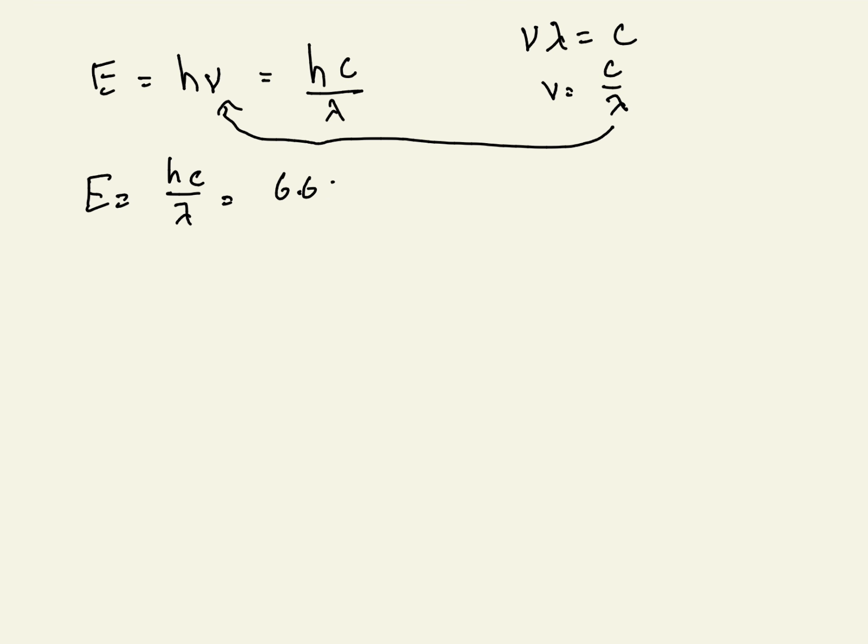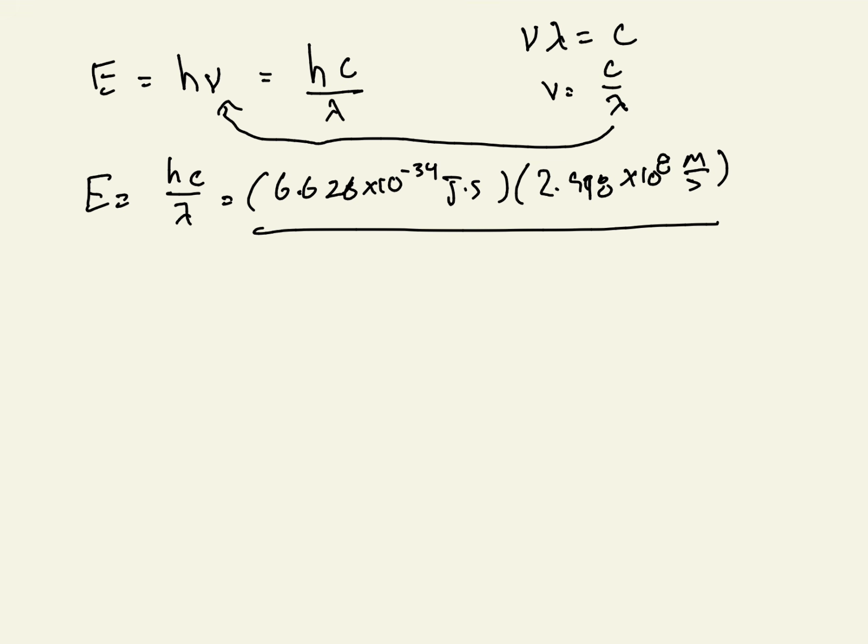So E equals hc over lambda, which is 6.626 times 10 to the minus 34 joule seconds, times the speed of light, 2.998 times 10 to the 8 meters per second, which is why we had to change lambda into units of meters, over 1.22 times 10 to the minus 7 meters.